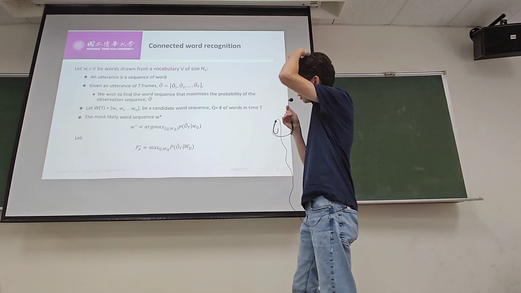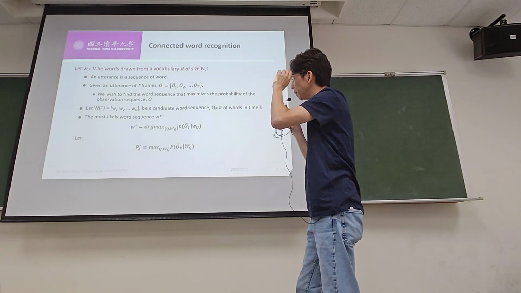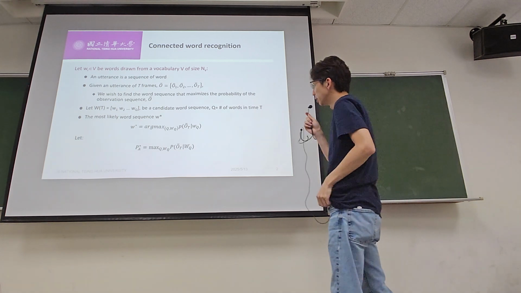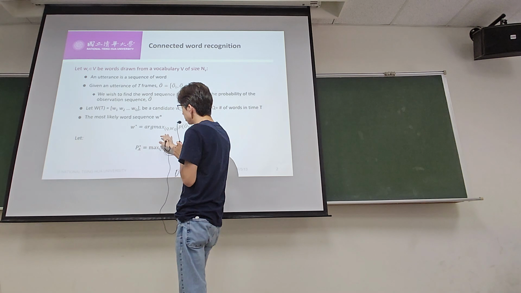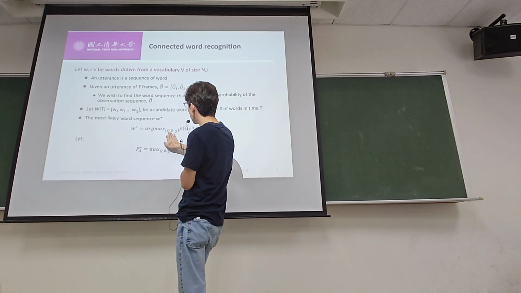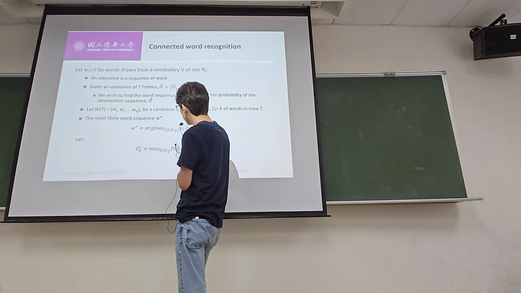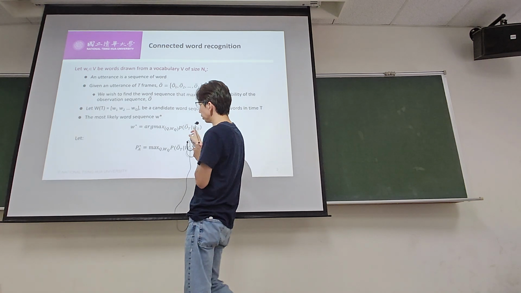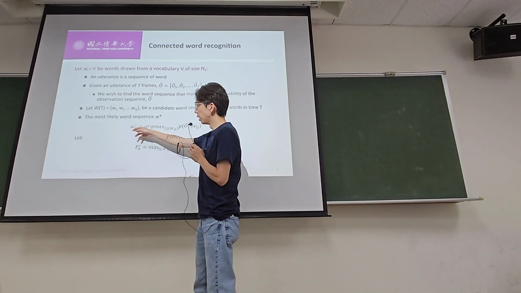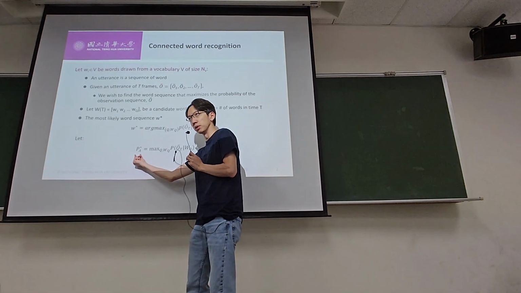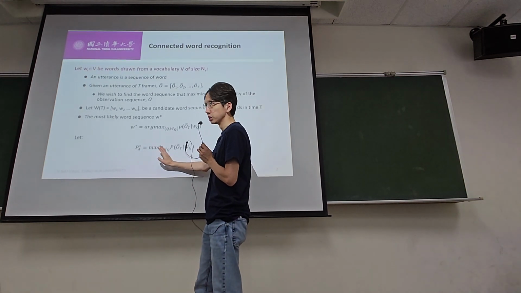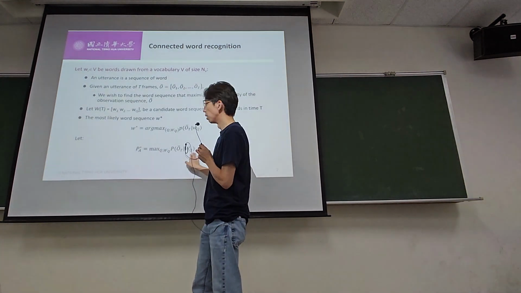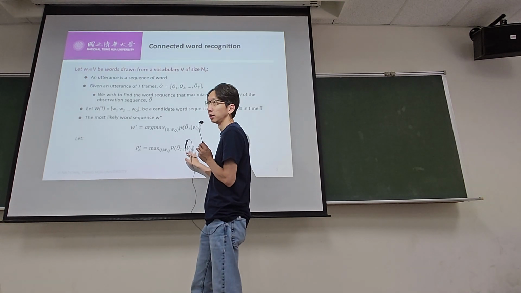So you have words W1 to WQ, a candidate word sequence. Q is the number of words in time t. Then you find the most likely word sequence, which word, the number of words in time t, which word has the probability of OT given WQ. The word sequence that maximizes this probability, the probability of OT given the actual word sequence.